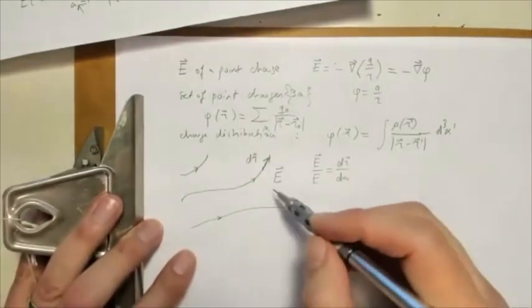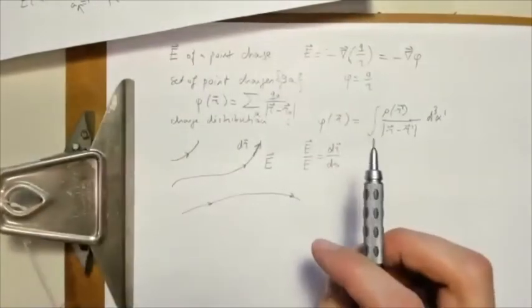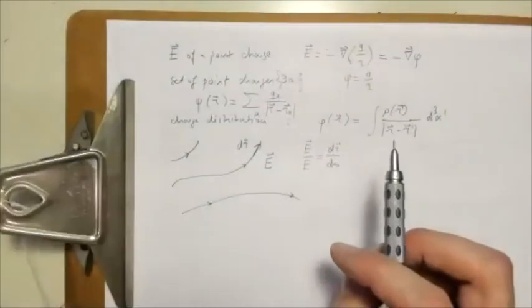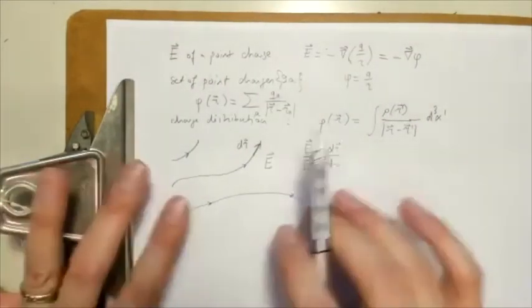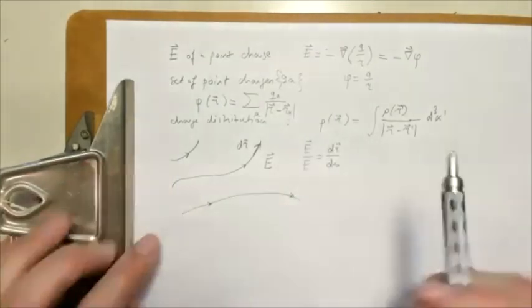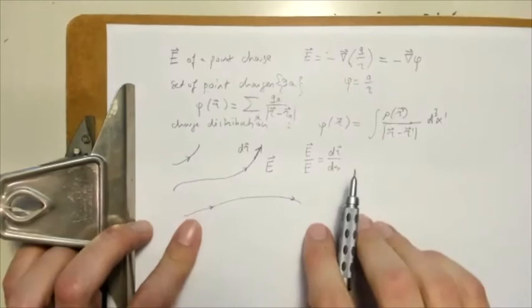Now let's say I have some electric field, and it's otherwise static. We're going to do stuff in this field, but we're assuming that we're not altering this charge configuration.